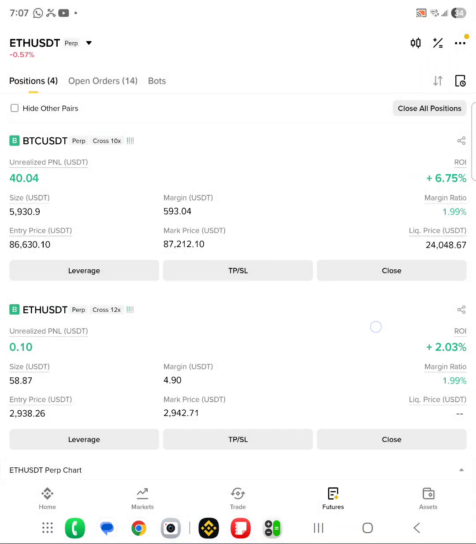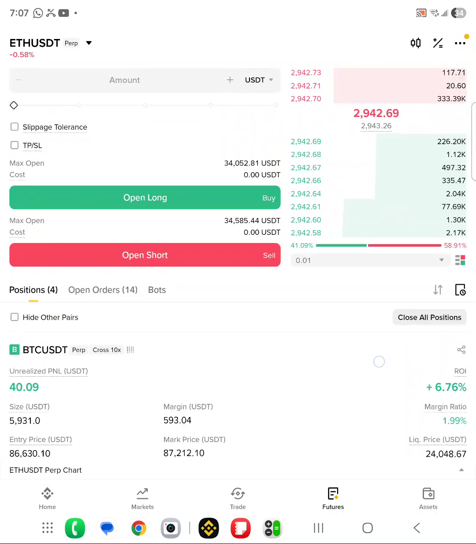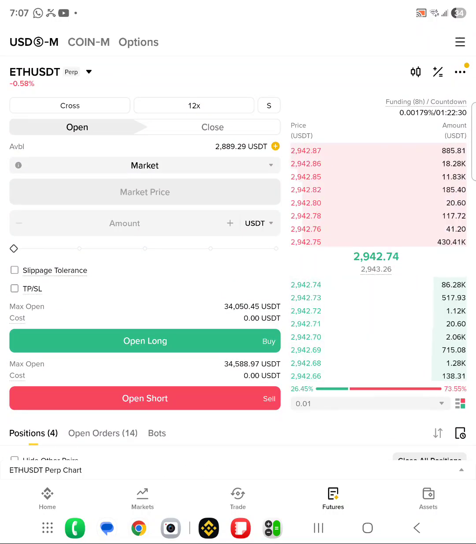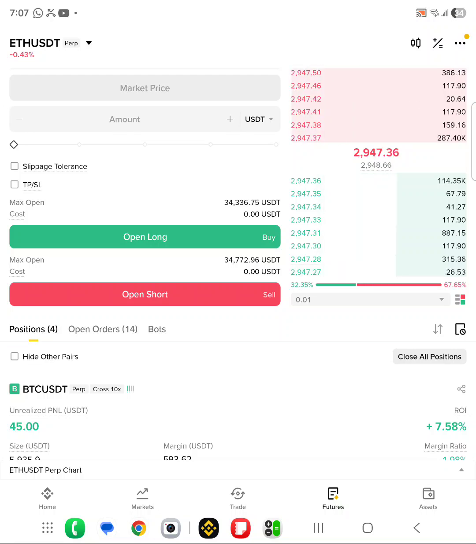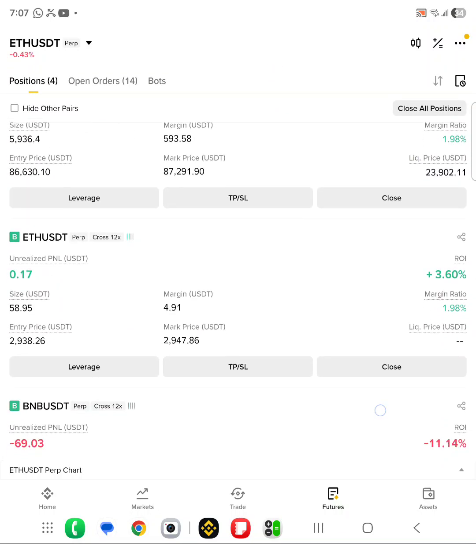So this is how to manage your risk. Okay, you can of course put your stop loss at 1% and your take profit at 3%, and you can still make some kind of good money from it.